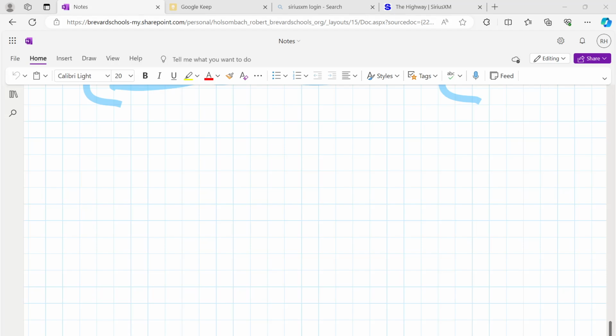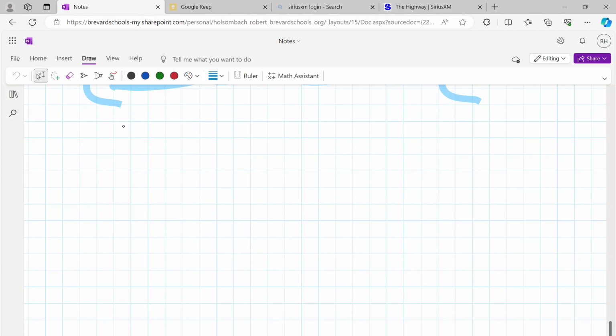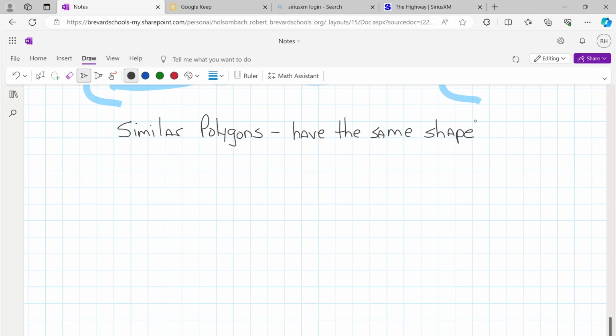All right, on page 469 today, we're going to start a section on similar polygons. Similar polygons have the same shape, but not necessarily the same size.